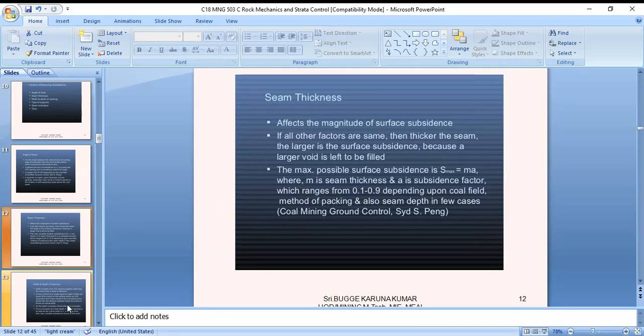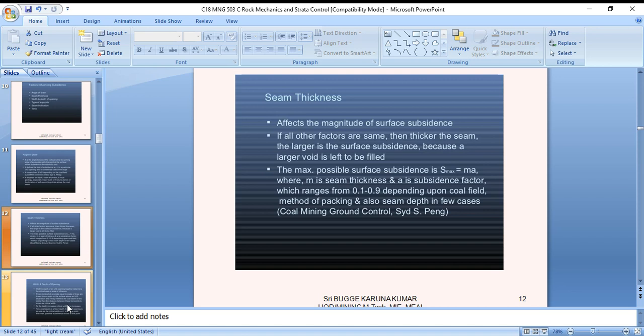How does seam thickness influence subsidence? It affects the magnitude of the surface subsidence. If the other factors are the same, then the thicker the seam, the larger the surface subsidence, because a larger void is left to be filled.